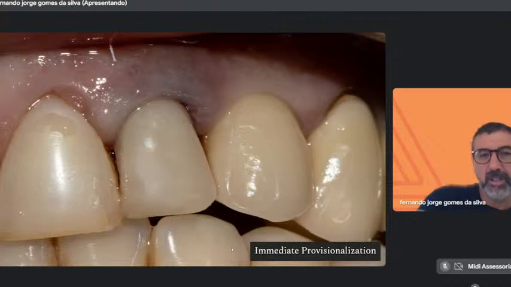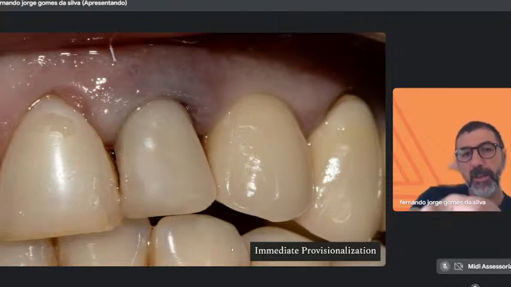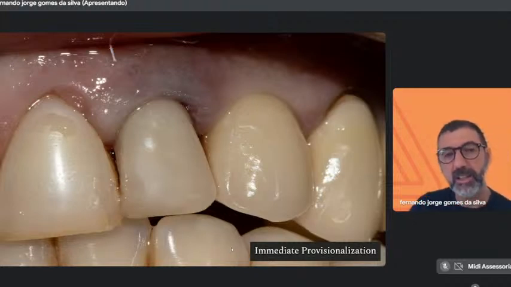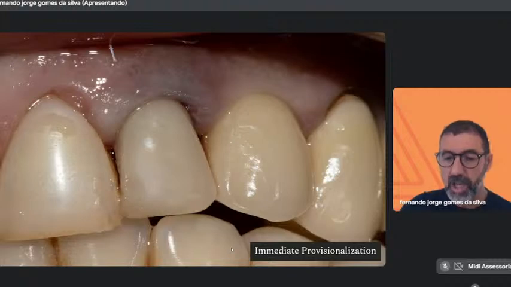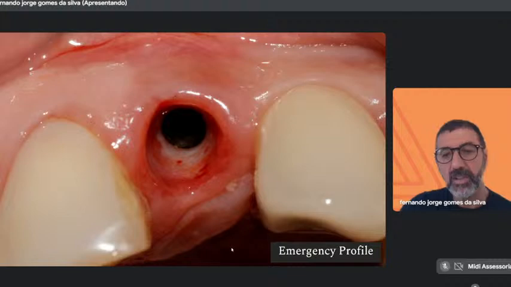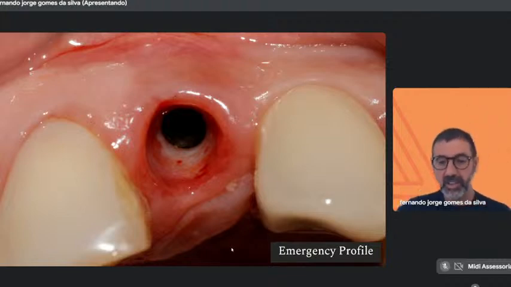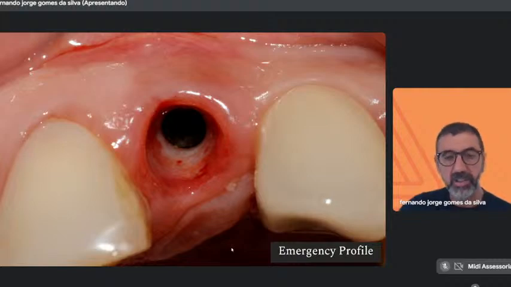Okay, so there is a little pressure over the crest, over the provisional tooth, to shape our emergence profile as we see it. This is the consequence of that immediate provisionalization.